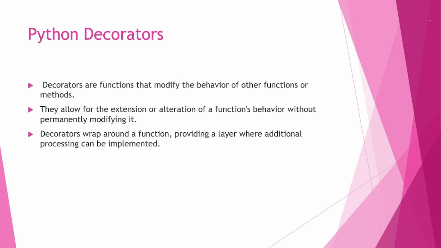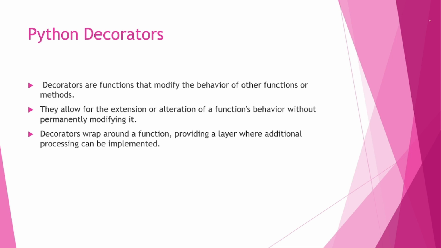So decorators are functions that modify the behavior of other functions or methods. They allow for the extension or alteration of a function's behavior without permanently modifying it. Decorators wrap around the function, providing a layer where additional processing can be implemented.